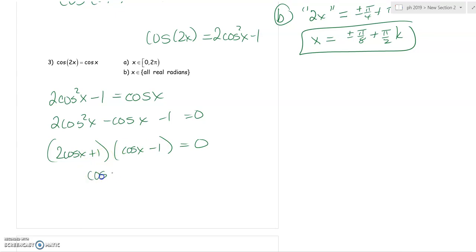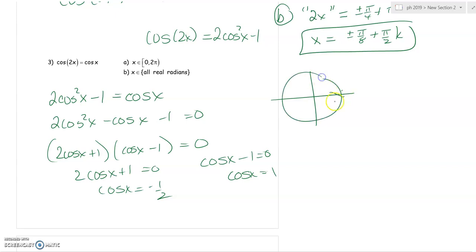So now we can solve that one: cosine of x is 1, cosine of x is negative 1/2. For part A, x is between 0 and 2 pi. And notice we are graphing x this time, not 2x. So for part A, you should have x equals 0, 2 pi over 3, and 4 pi over 3.